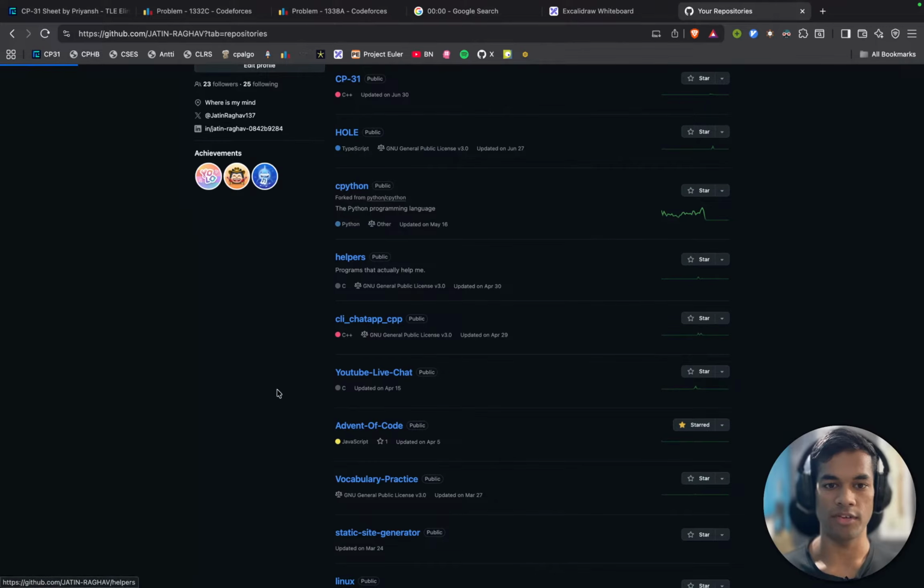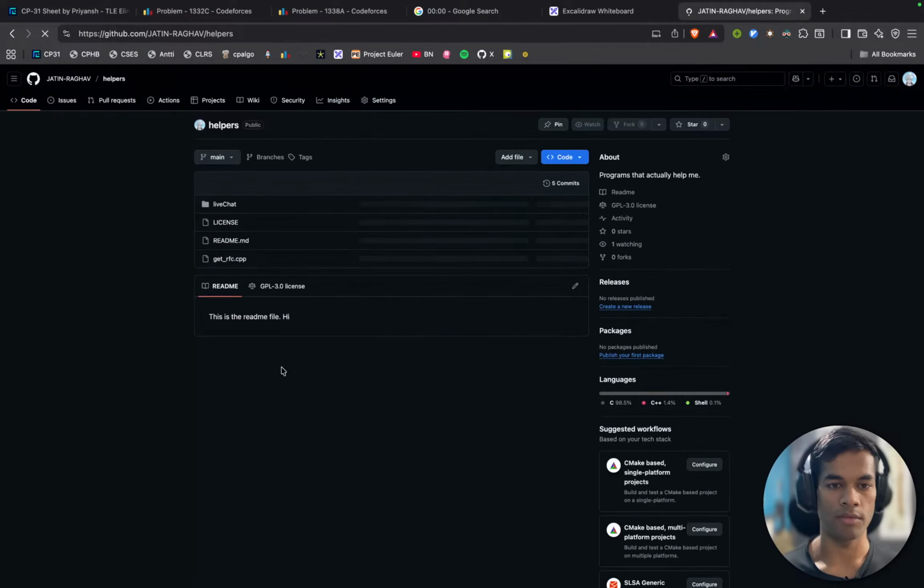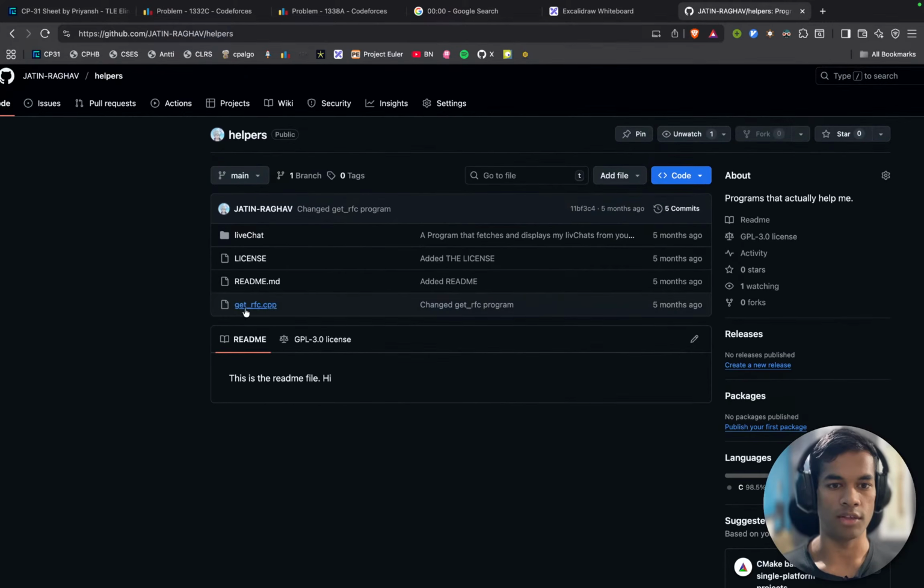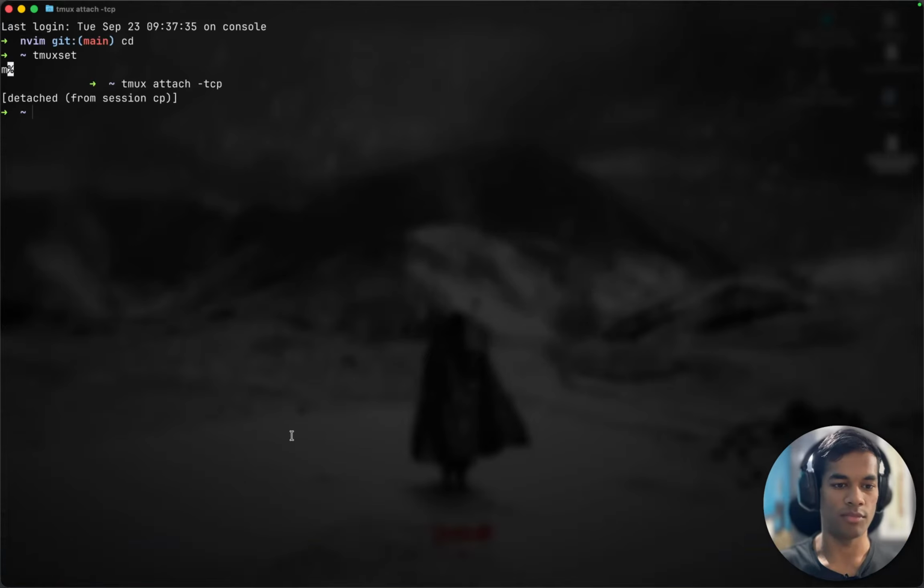And this thing, helpers, has a few programs. This one, get RFC CPP. And I can use this one, get RFC. Let's say I want to get RFC, request for comments for any protocol.